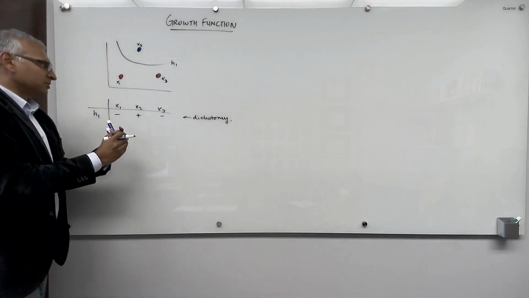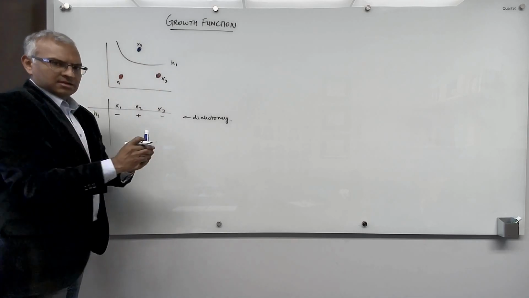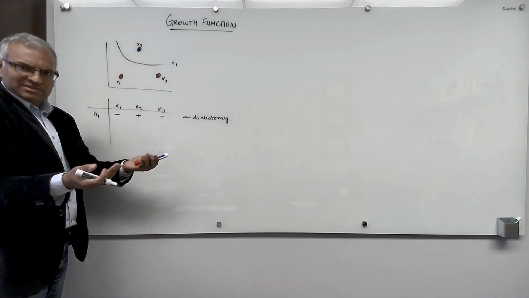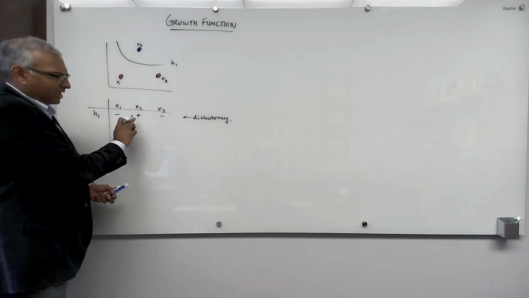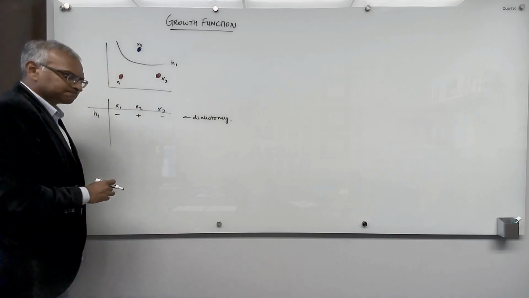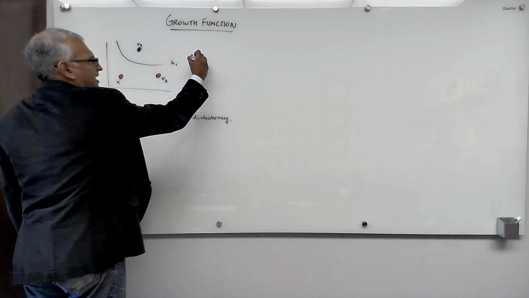Why dichotomy? Because this hypothesis dichotomizes the data set into 2 different sets, one which we have labeled minus, and one which we have labeled plus. So 2 different subsets.